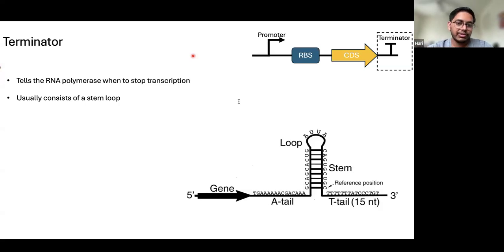So if we want specific mRNA to be made, then we need to add the terminator so that transcription stops there. And the stop codon is added at the end of the CDS so that the translation of the protein stops there by the ribosome.